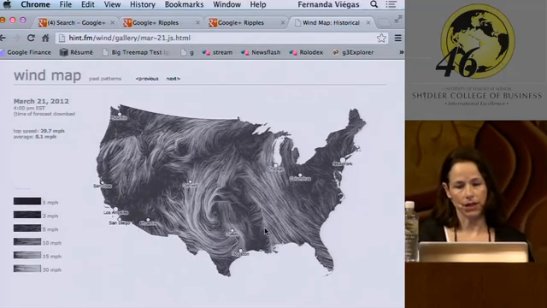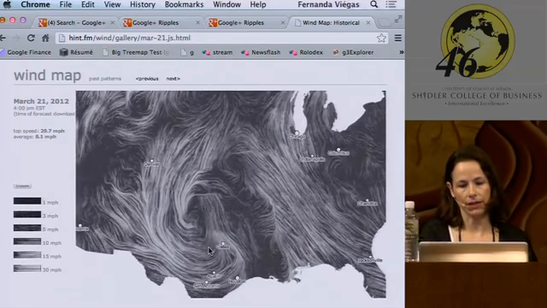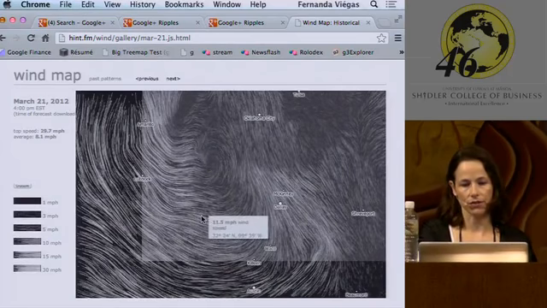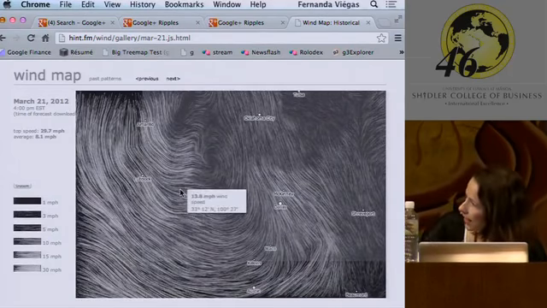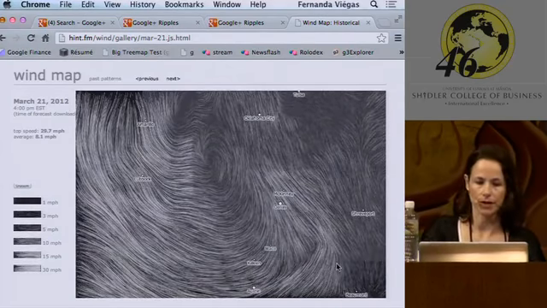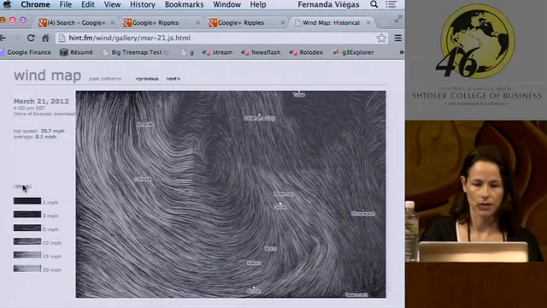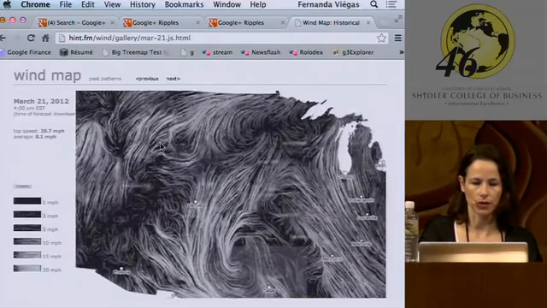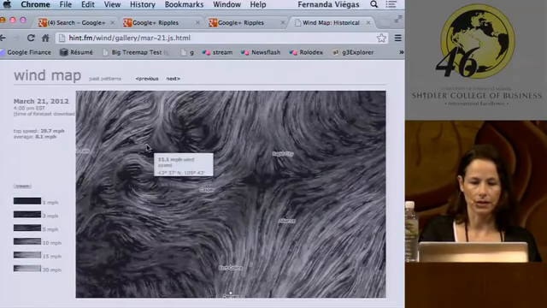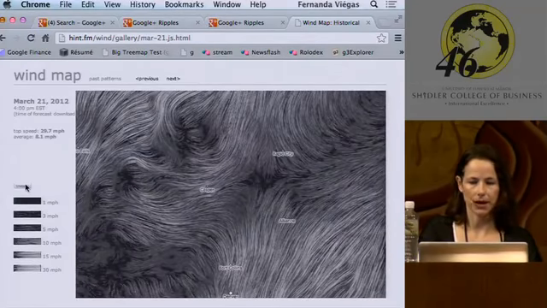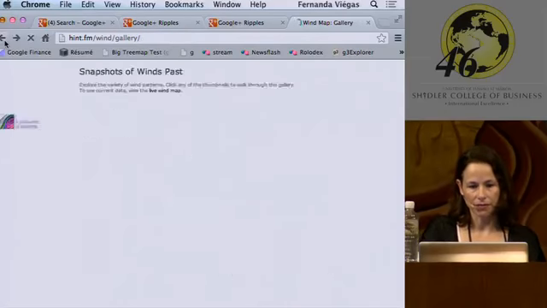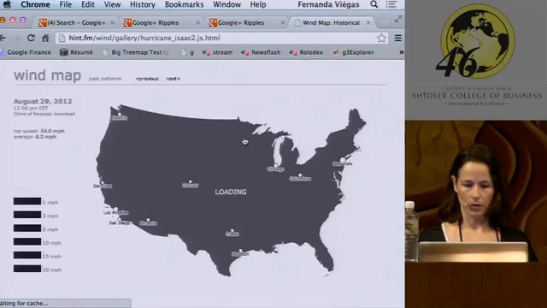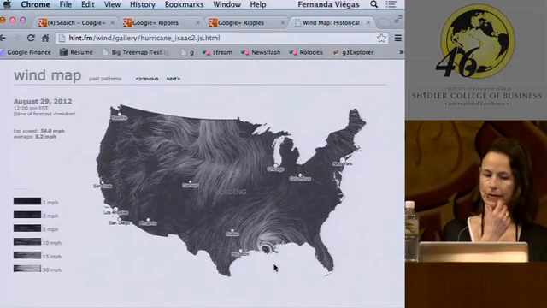The other thing that you can do is actually start zooming in and seeing more specifically the different parts of the country and just seeing it flow, which can be sort of mesmerizing sometimes. Just want to zoom in, zoom out, look over here at the Rockies and see the much more complicated patterns that we have. And then you have very dramatic days like this one, when we had Hurricane Isaac.